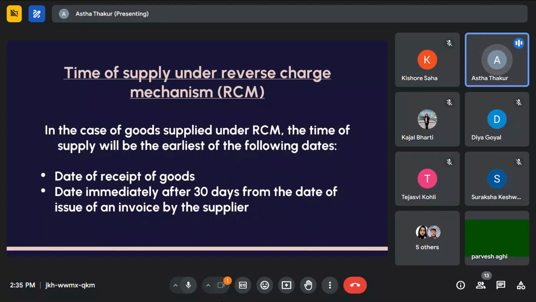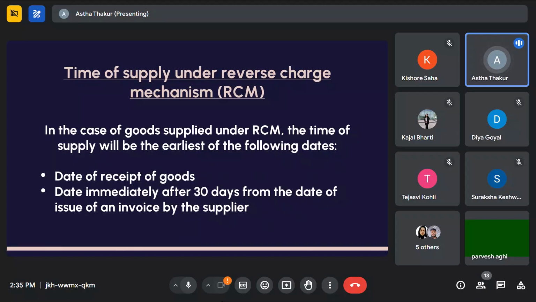Now talking about the time of supply under the reverse charge mechanism. Under GST, the time of supply means a particular point in time when the goods or services are rendered or supplied. It allows us to find out the tax rate, value and due dates for filing the returns. Under the reverse charge mechanism, the receiver is entitled to pay the GST.